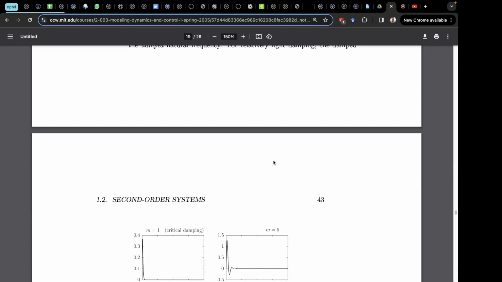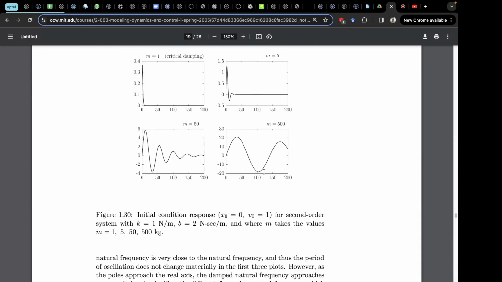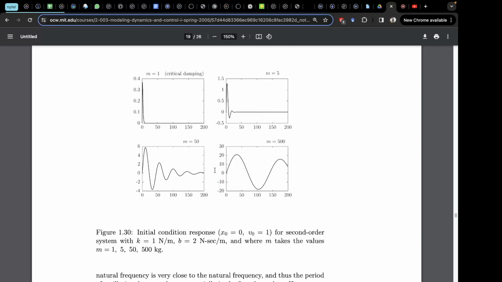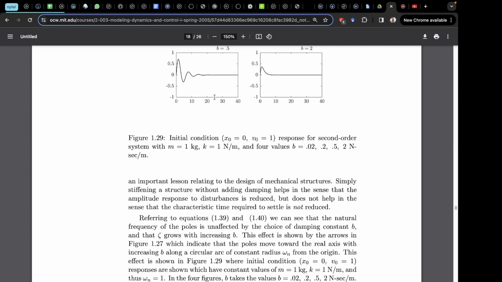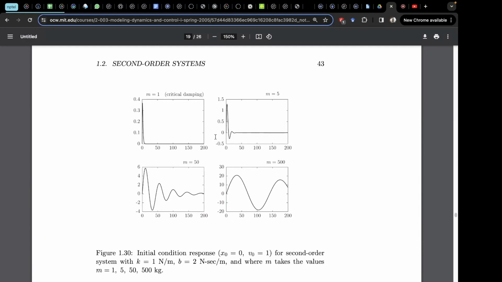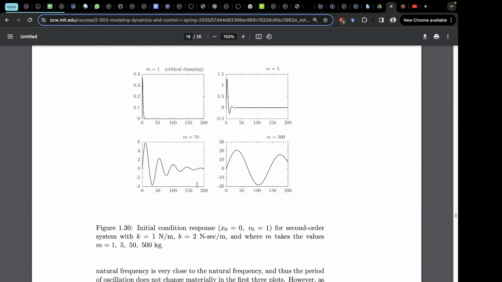And maybe we can see the third case in which mass is being varied, right? We saw the effect of changing k, we saw the effect of changing the damping. Now how does mass affect the response for the same stiffness and damping, right? Again, for m is equal to 1, this is the critical damping case.